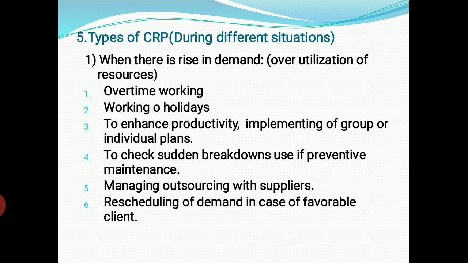Then we can outsource from the suppliers also, so that ultimately we are meeting the demand and we are not losing the customers, right? And then again, the rescheduling of the demand can be done in the case of a favorable client, right? You can reschedule the demand and meet the requirements exactly according to the demand that is arising, right?